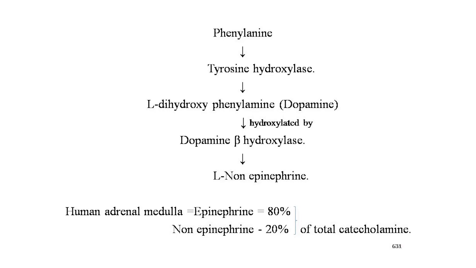Dopamine is hydroxylated by dopamine beta hydroxylase to L-norepinephrine. PNMT, phenylethanolamine N-methyltransferase, is responsible for the transformation of L-norepinephrine to L-epinephrine. PNMT is available exclusively in the adrenal medulla and the organ of Zuckerkandl. In the human adrenal medulla, epinephrine constitutes 80% and norepinephrine 20% of total catecholamines.